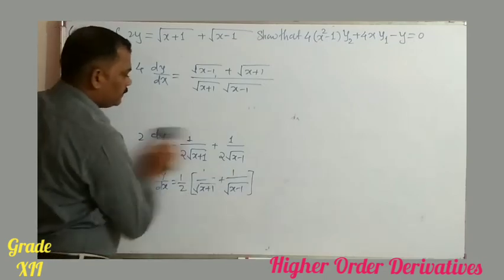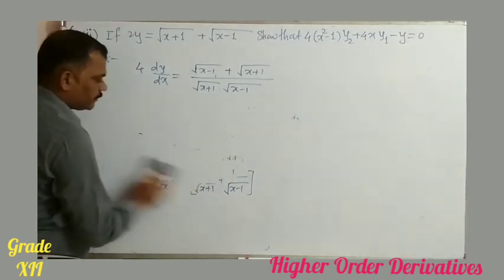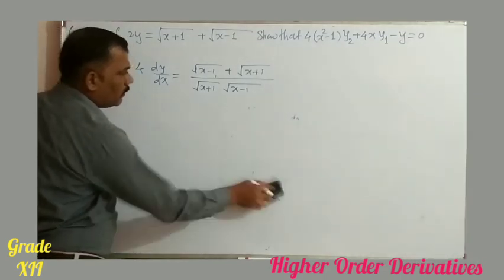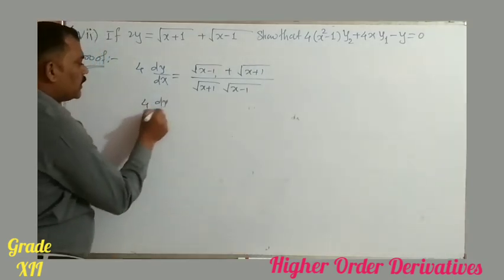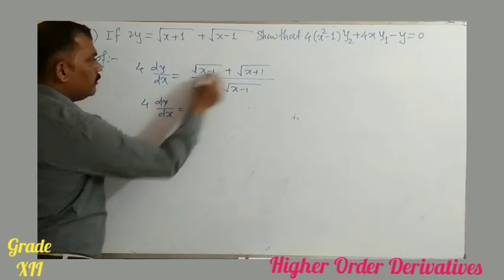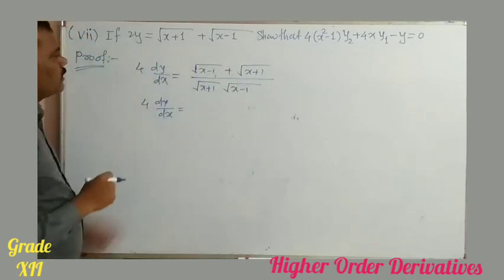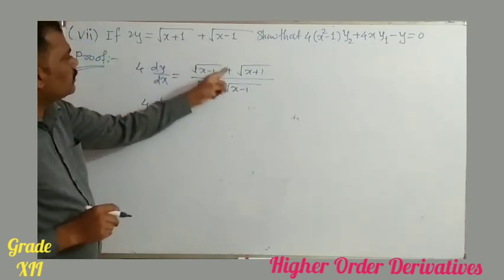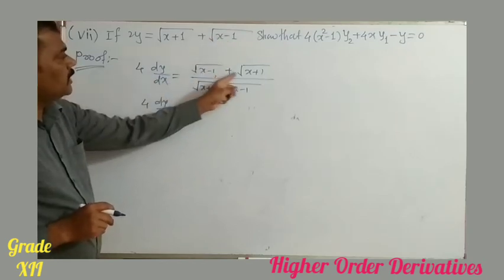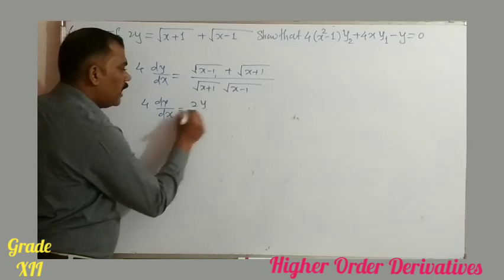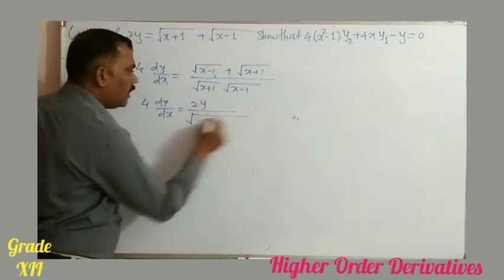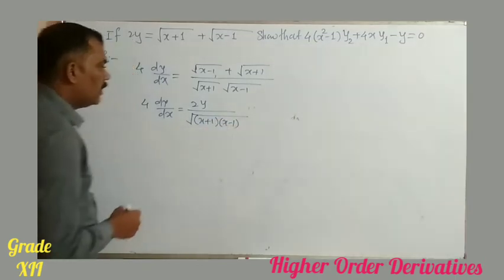So what we get here, see here, 4 dy by dx is equal to, the numerator, under square root of x minus 1 plus under square root of x plus 1, is nothing but twice y, so twice y divided by, this can be written as under square root of x plus 1 into x minus 1.